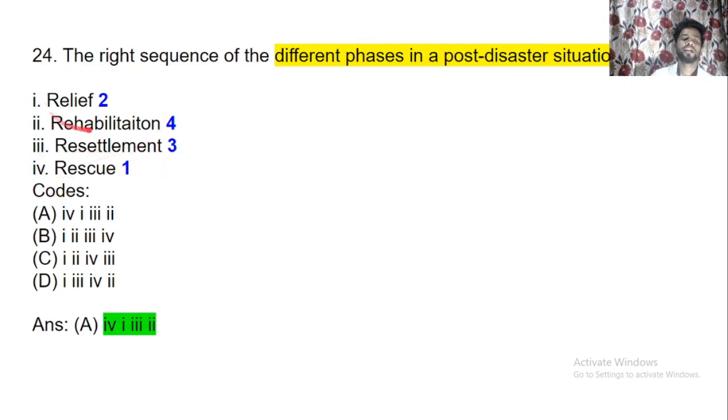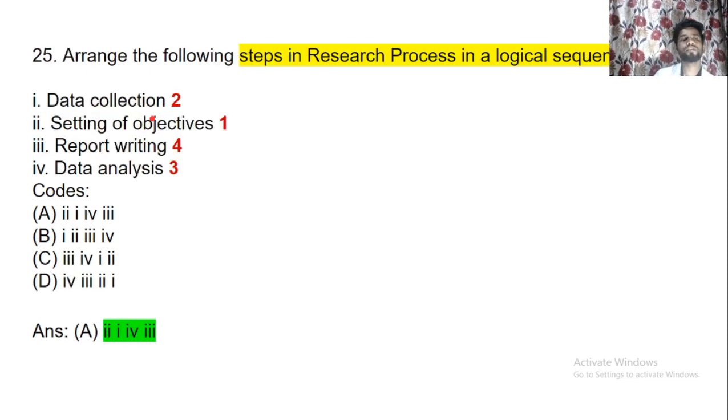After that they provide relief, whatever facilities are needed, then resettlement, where they try to resettle people in the same area, and if that is not possible, then they come to rehabilitation, how to rehabilitate the people or the situation.